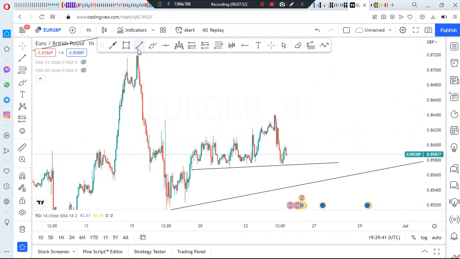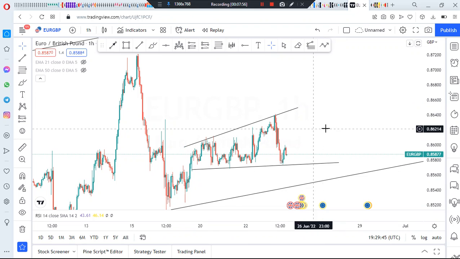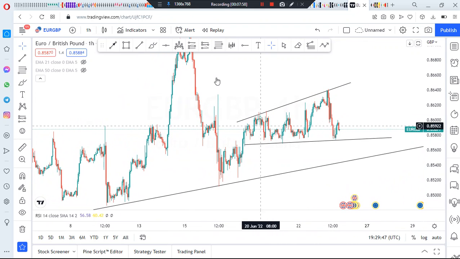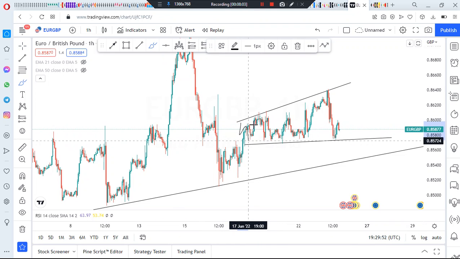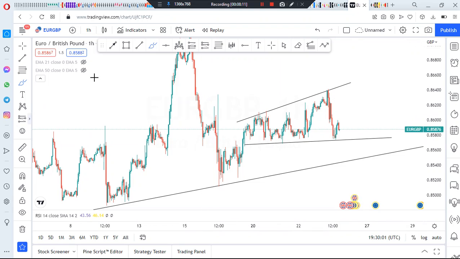Then the other one you can have around here. So this is what I have. It looks like an expanding channel. As you can see, price is expanding from this, behaving in an expanding nature.